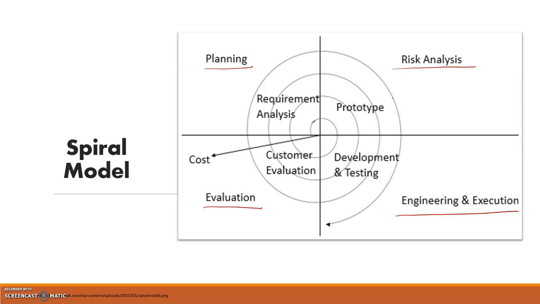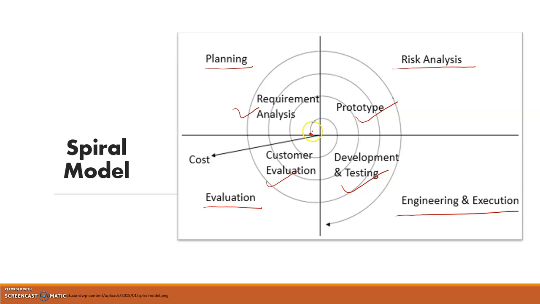So first, it starts with this point. It's initial, right? And for each phase, we do requirement analysis, we create the prototype, we do the development and testing, and customer evaluation for each and every phase.